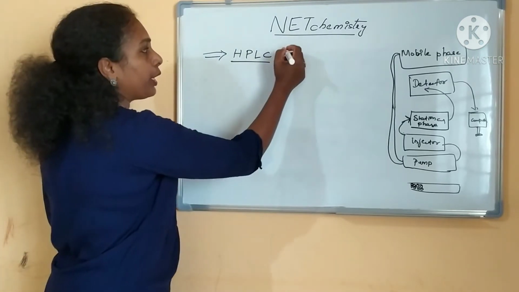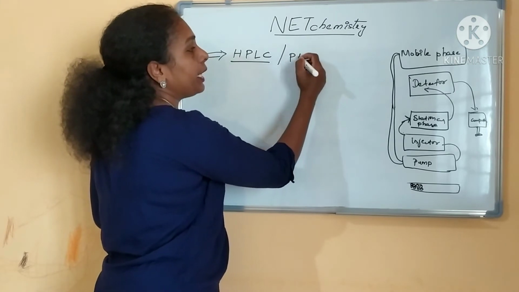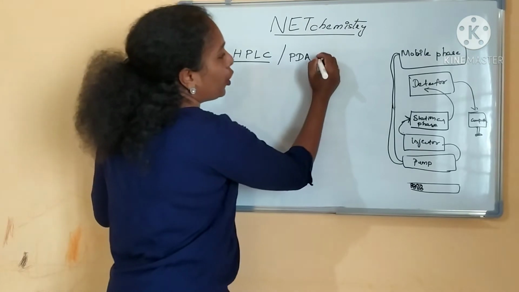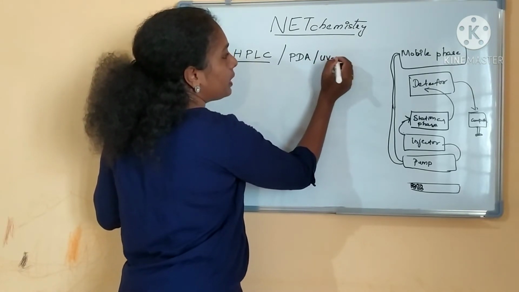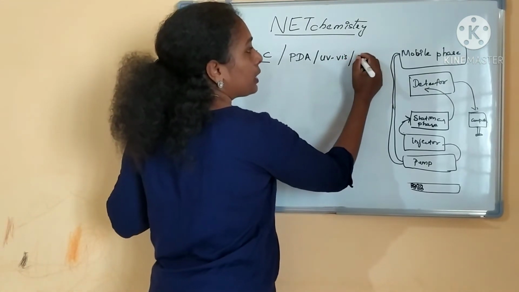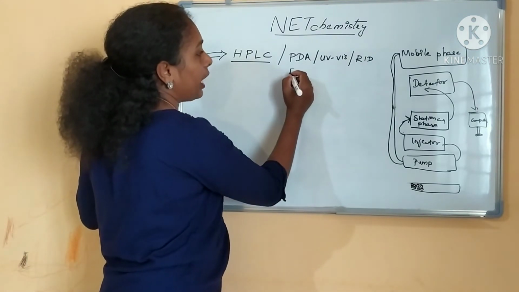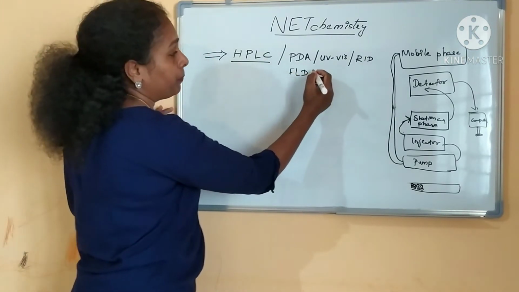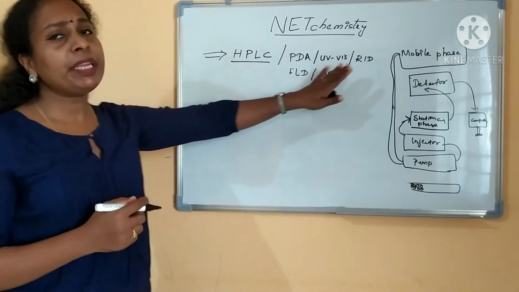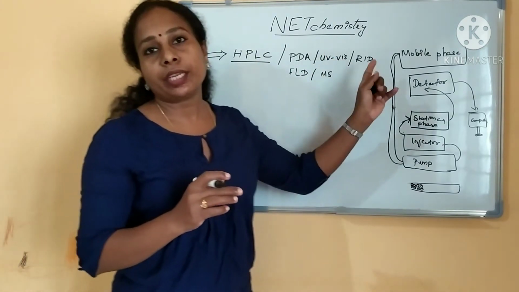You can change the detector and use a PDA detector, meaning photodiode array detector, or a UV visible detector, or an RID refractive index detector, or an FLD fluorescence detector, or else MS. One liquid chromatography can be combined with this many detectors.